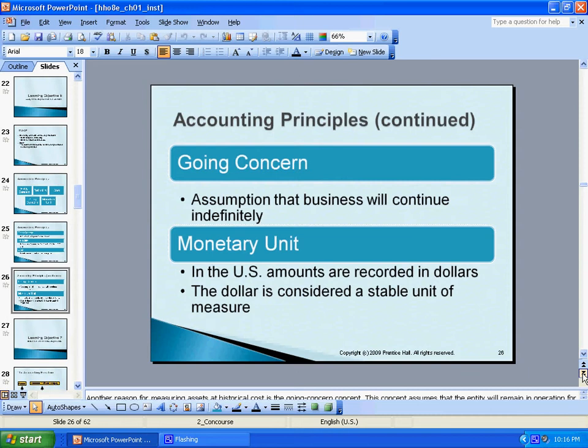The price of gas has been rising recently. So we know that the dollar conceptually rises over time, the buying power of a dollar, but compared to other monetary measures in the world, the US dollar is considered to be stable.